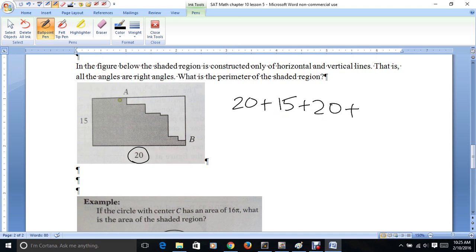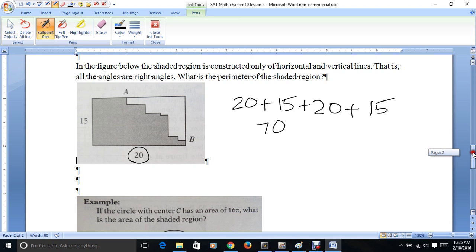And then we're also going to have to do the vertical parts, and they, again, all add up to 15. Okay, so even though you don't know the lengths of the little pieces, it doesn't matter because they add up to the same thing as the 15 and the 20. So that's 40 plus 30 is 70.